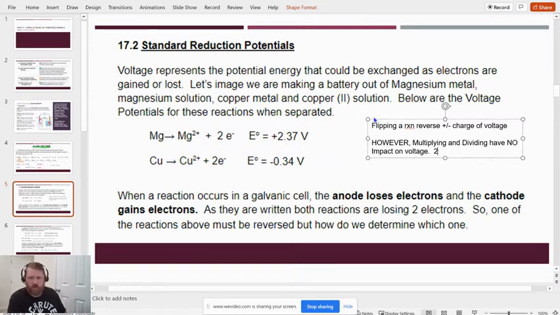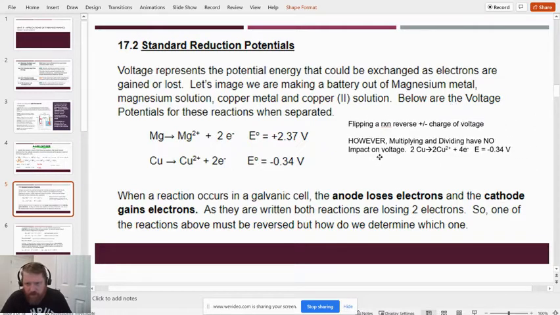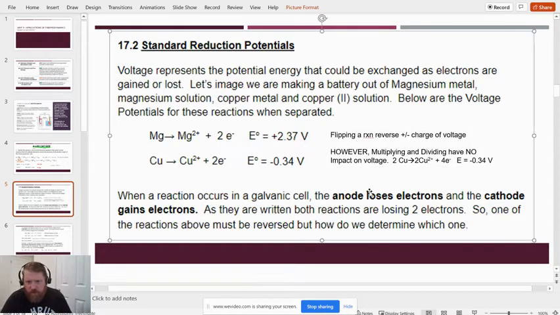I mean, if we did two copper makes two copper positive 2 plus four electrons, that still has a voltage of negative 0.34 volts. Doubling the reaction has no impact on the voltage.